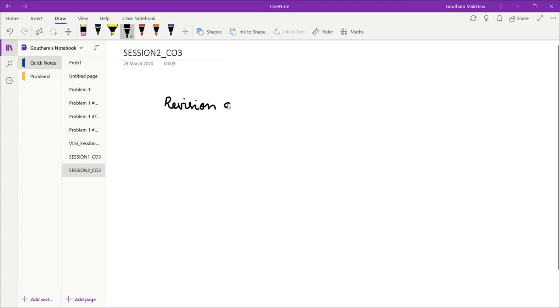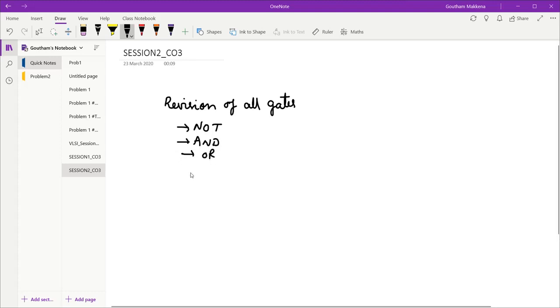Now, all the gates we have seen, predominantly these gates: the NOT gate, and OR, NAND, NOR, XOR, and XNOR.